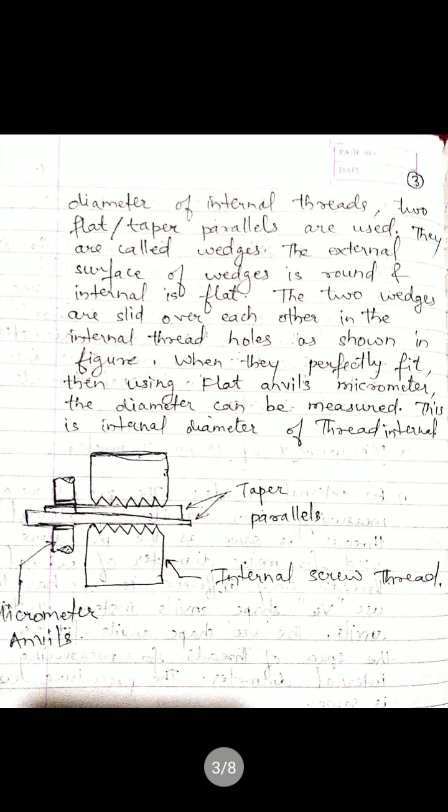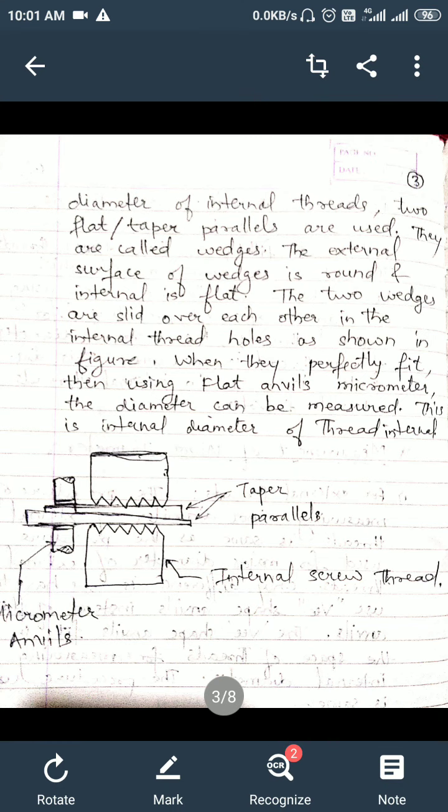For internal threads, how to measure the minor diameter of internal threads? When I want to measure the minor diameter of internal threads, then we have to take two wedges, two tapered parallels, or two wedges as shown in the diagram. One wedge from the right side and one wedge from the left side. Push the two wedges inside the internal threads of a screw thread as shown in the figure.